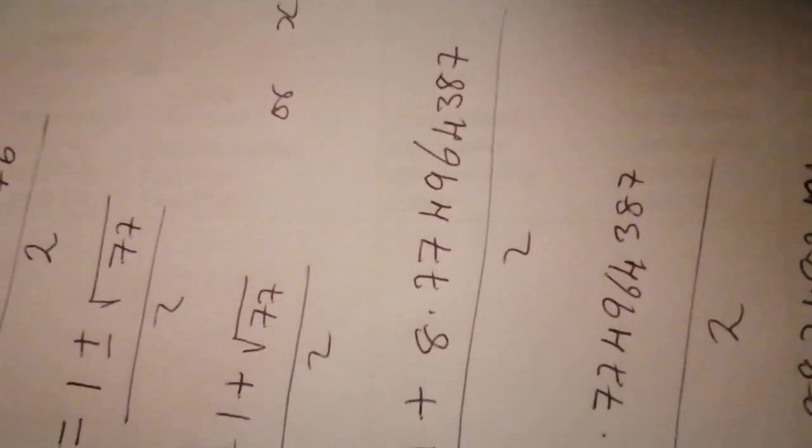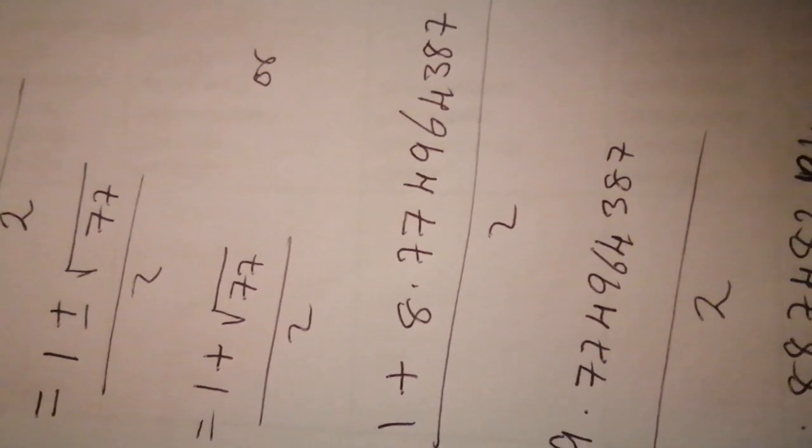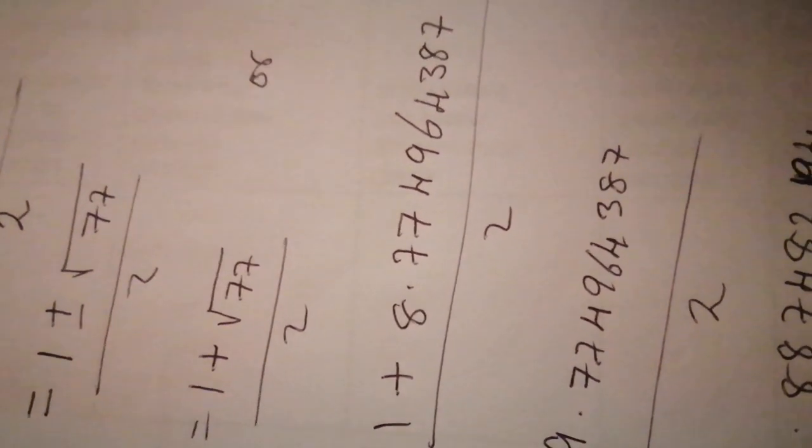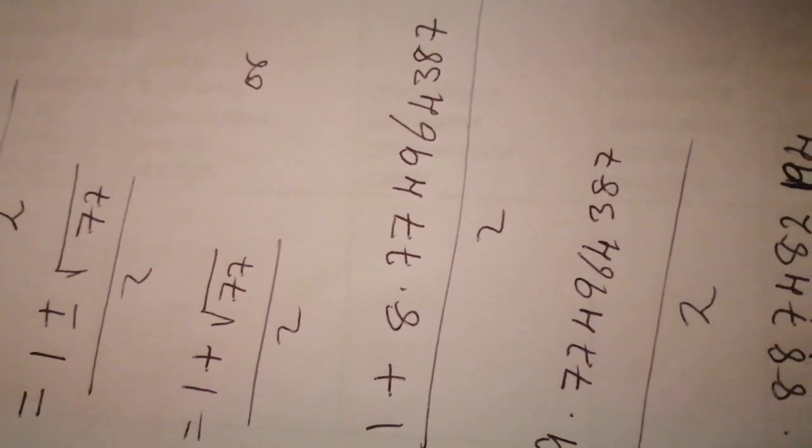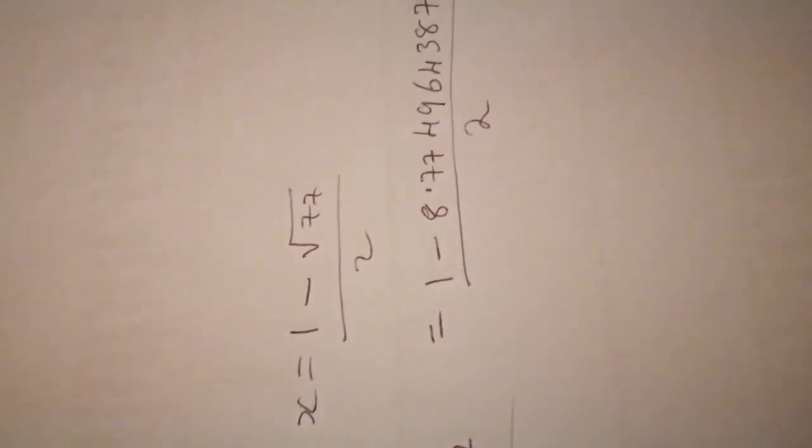Or when we subtract, we have 1 minus the square root of 77, which is 8.774964387. So everything divided by 2. This time we are subtracting.